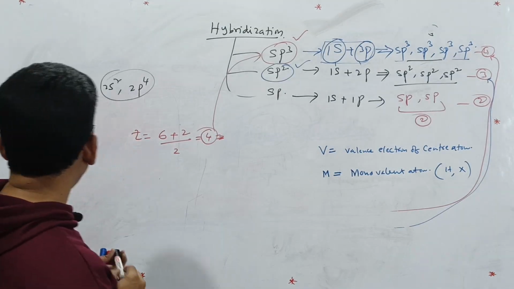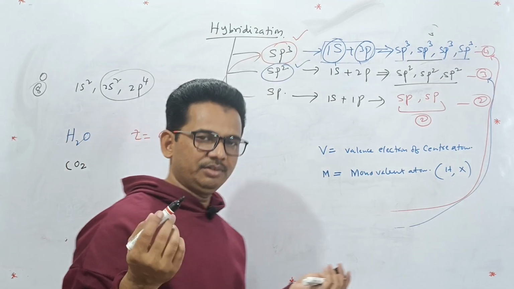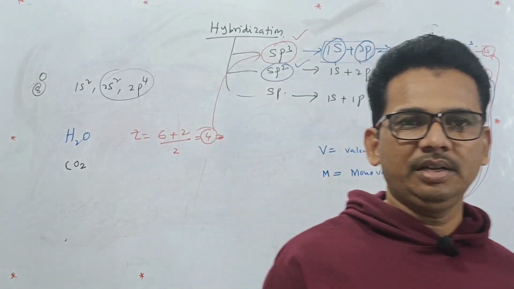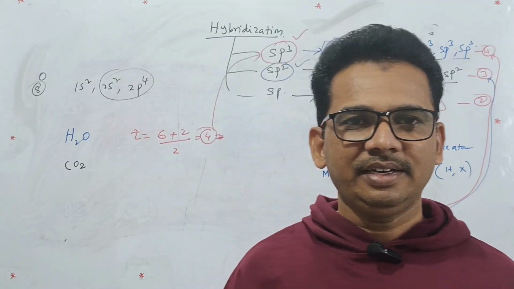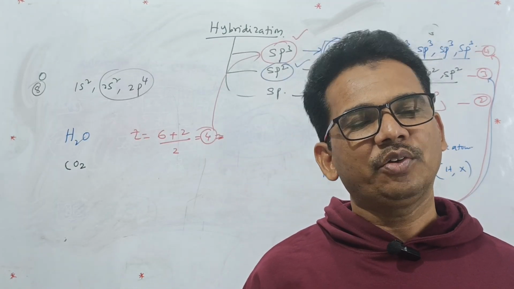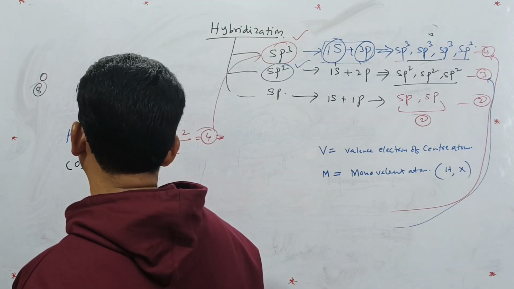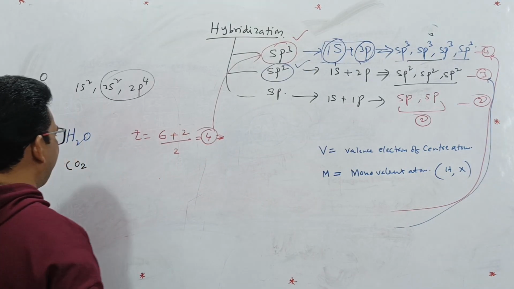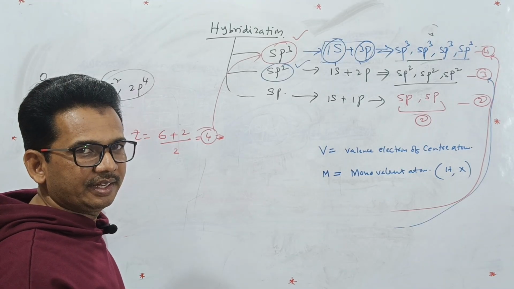Like that you can take carbon dioxide, or any molecule you can choose and write. Then surely you are going to find out the type of hybridization they have.